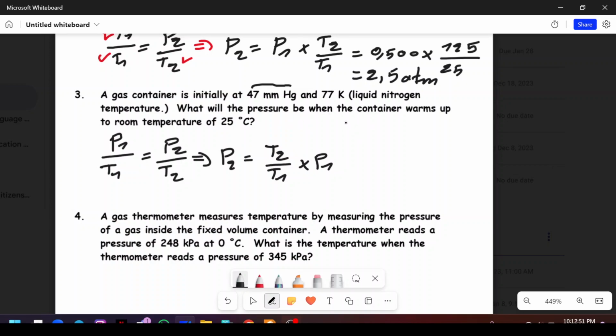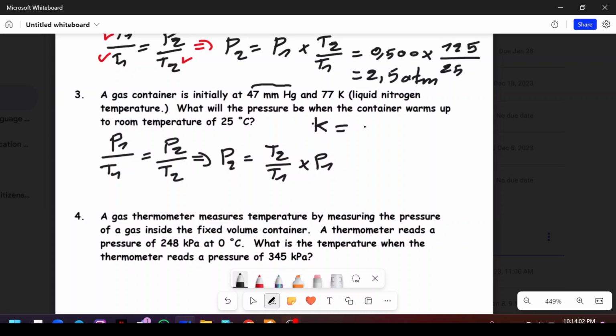For 77 Kelvin, how much is it in degrees C? It would be better to change 25 degrees C to Kelvin rather than convert 77 Kelvin to degrees C.